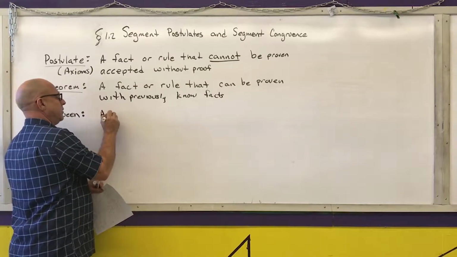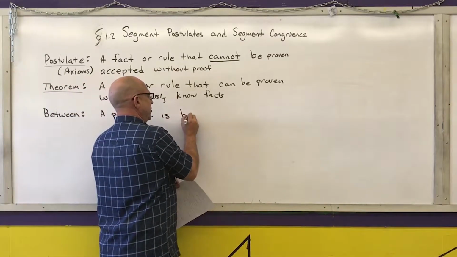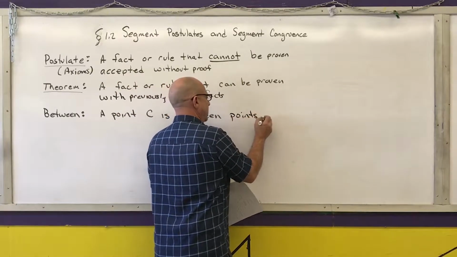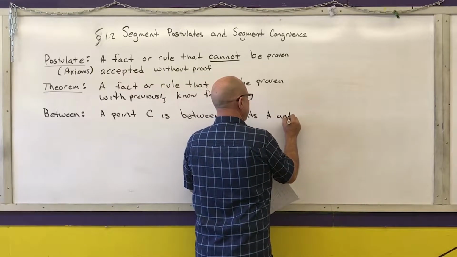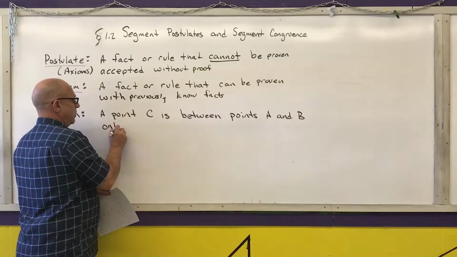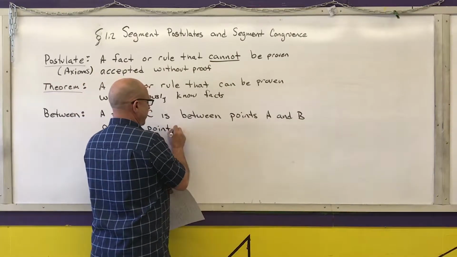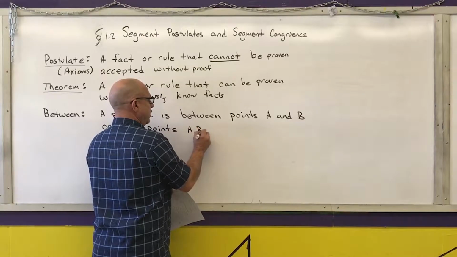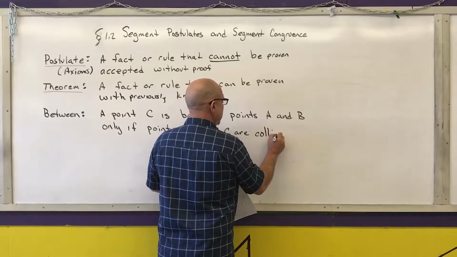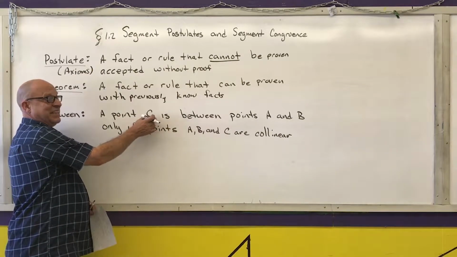A point C is between points A and B only if points A, B, and C are collinear. Okay, and this is the point that's on the inside.